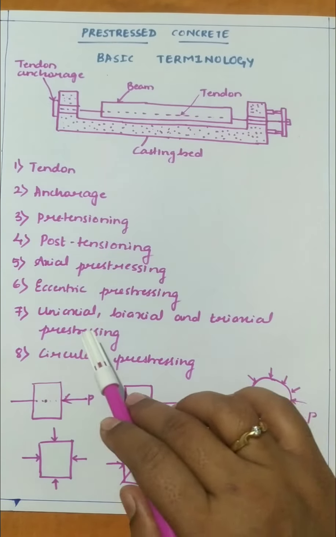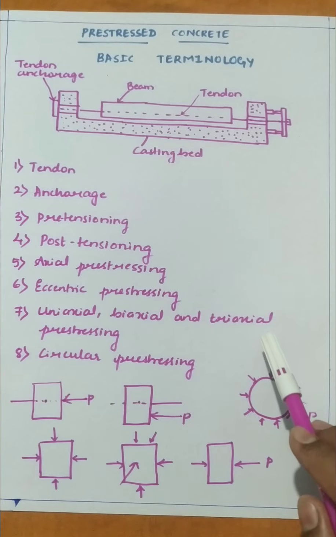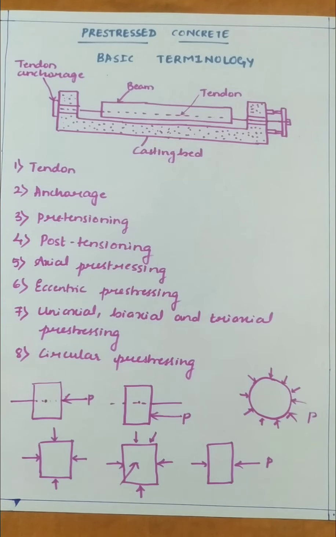Next, what is uniaxial, what is biaxial, and what is triaxial pre-stressing? First, if the concrete is pre-stressed in only one direction, like this, then it is called uniaxial. By the name itself, you can easily understand it.